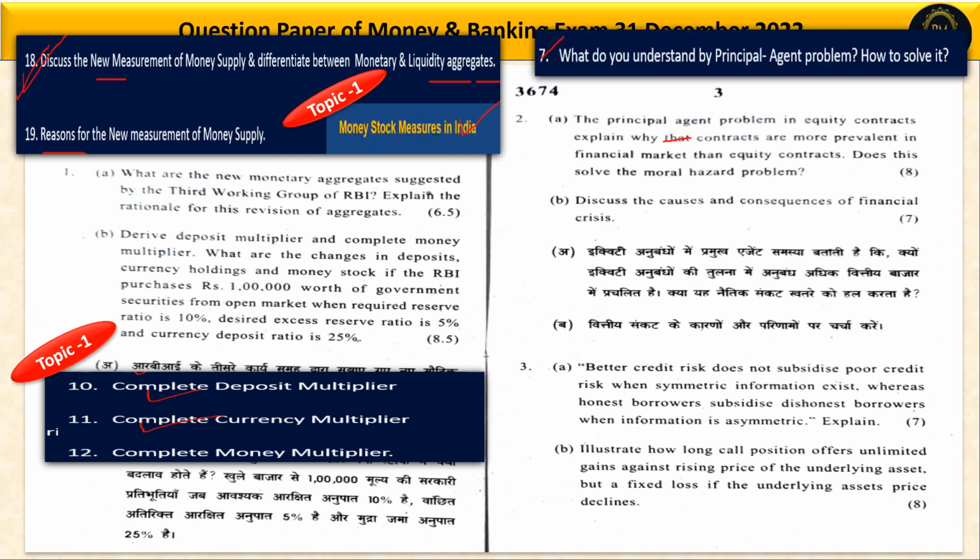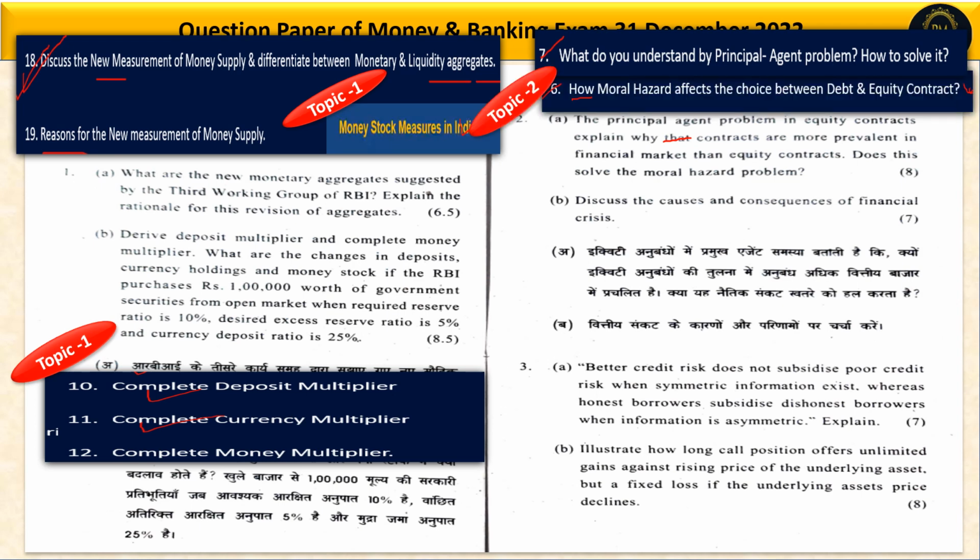So if you remember, question number 7 and question number 6 of topic 2, I asked you to prepare what do you understand by principal agent problem? So this question was there, how to solve it and how moral hazard affects the choice between debt contract and equity contract. So these two questions were in 2A.